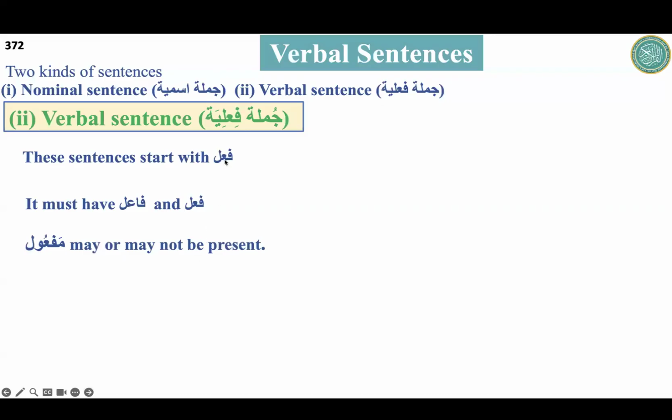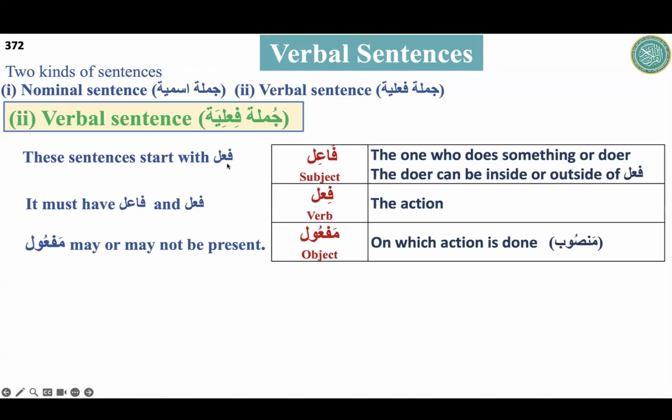So there are three parts in the verbal sentence: fi'l, of course, since it starts with fi'l, then fa'il and maf'ul. In English, fi'l is called verb, fa'il is called subject, and maf'ul is called object. The important parts which must be there are the subject and the verb.